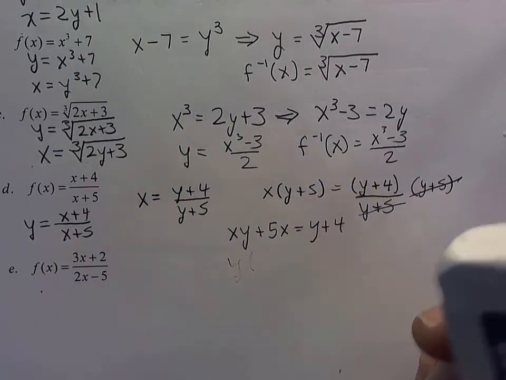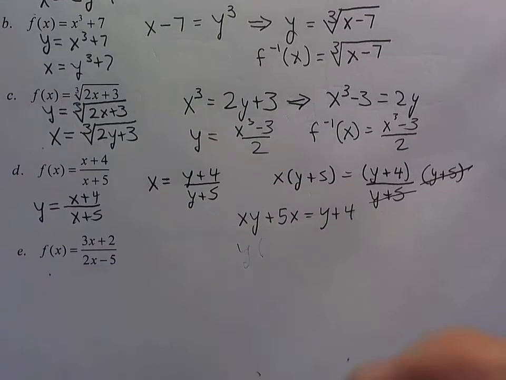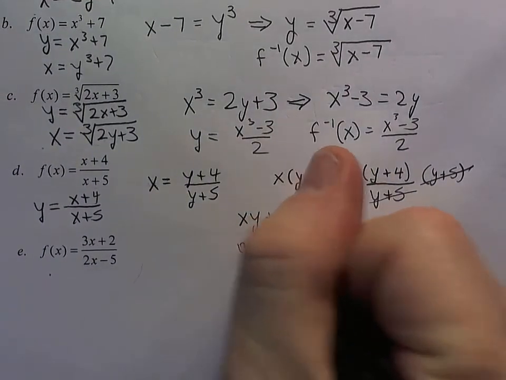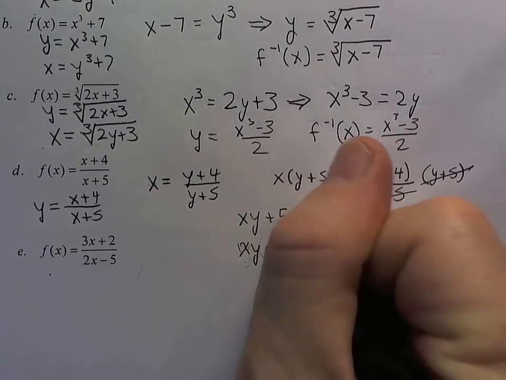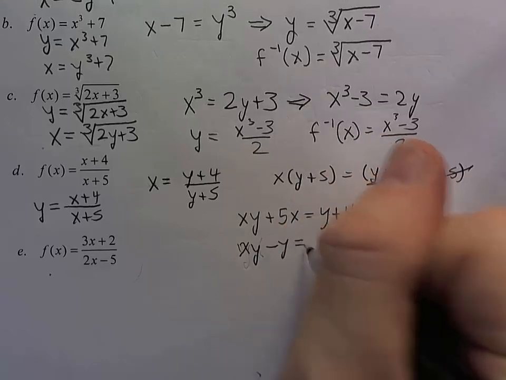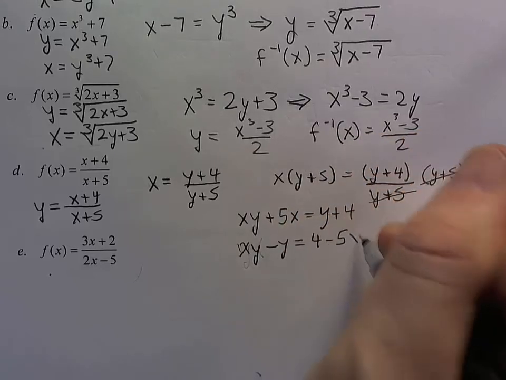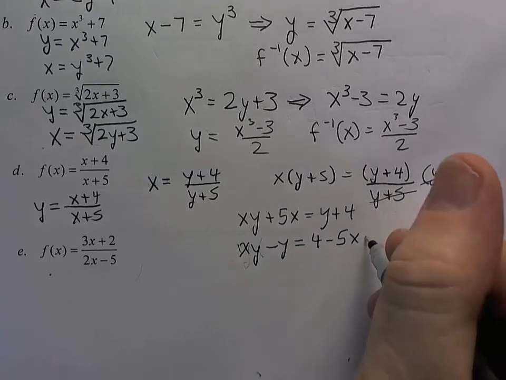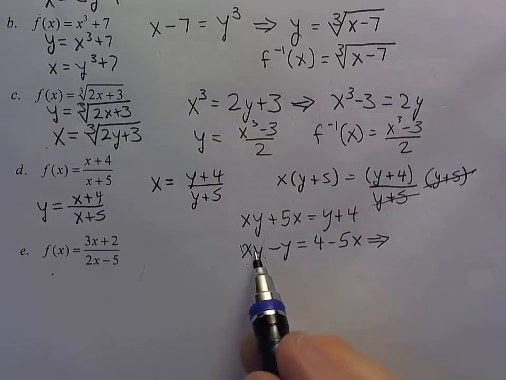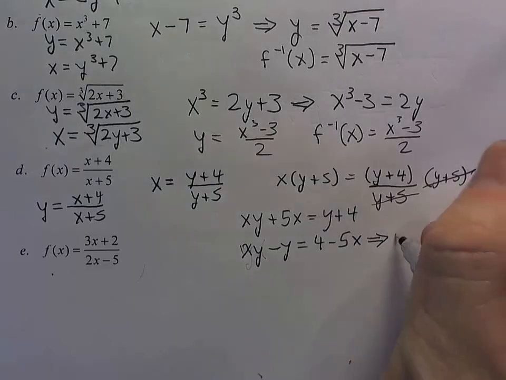I need to gather my y's together on one side first and move the x's to the other. So we've got xy minus y equals 4 minus 5x. Now I can factor out a y because I can't combine these in any way, but I can factor out a y.